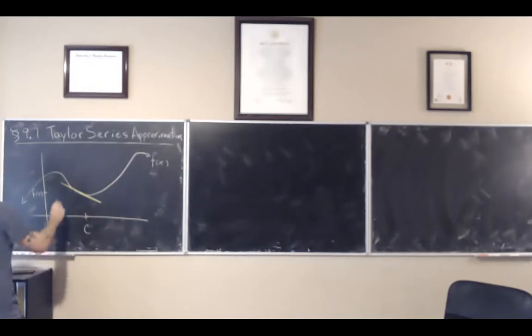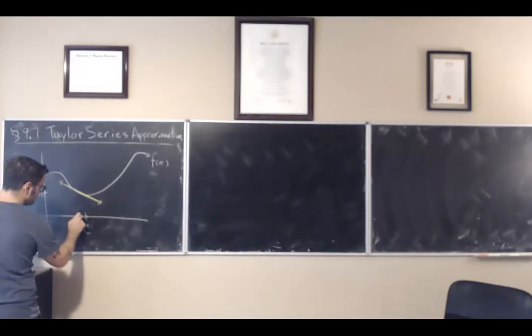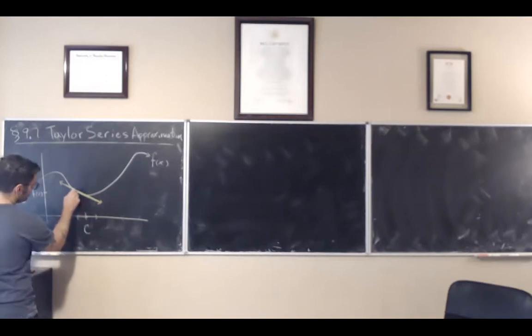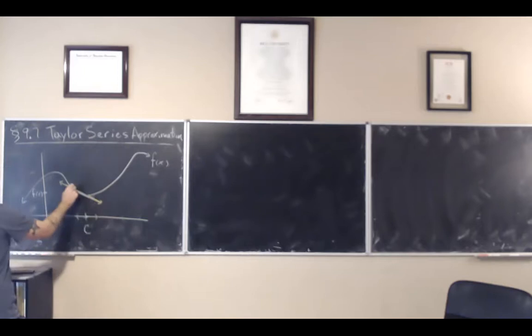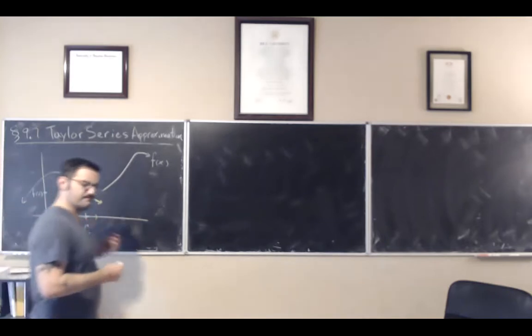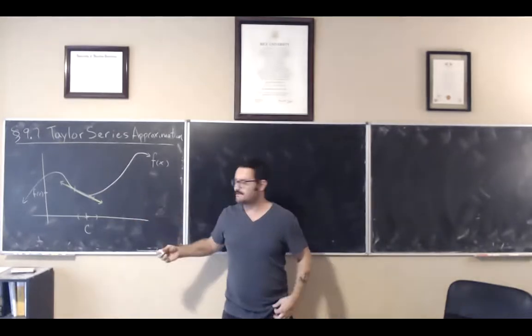Now look real close around c. If I highlight this function in that interval, the tangent line more or less matches up with the graph of the function.